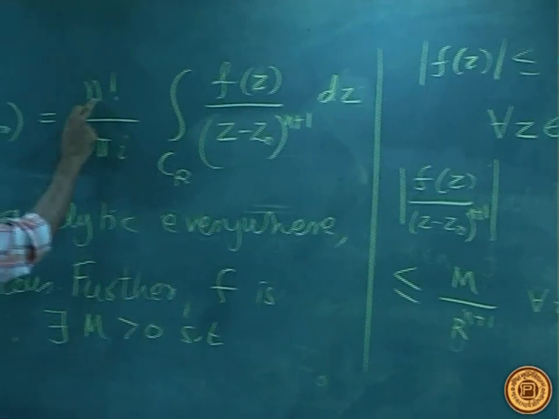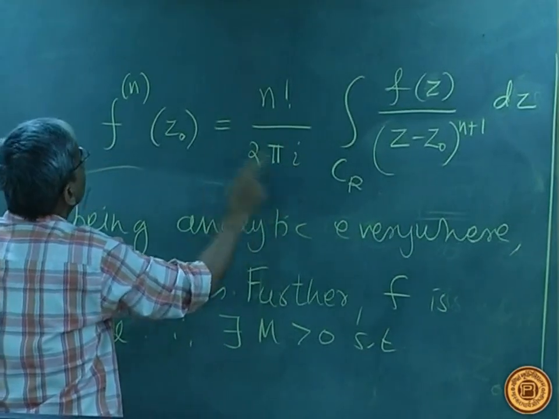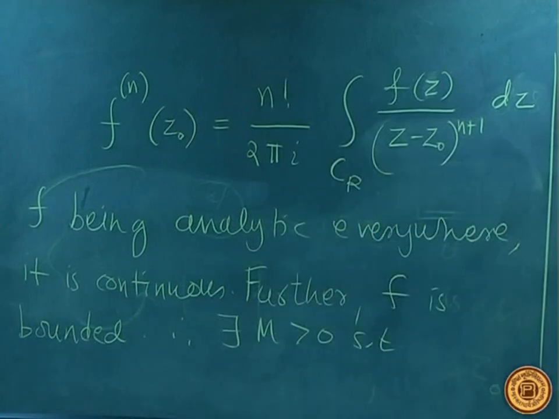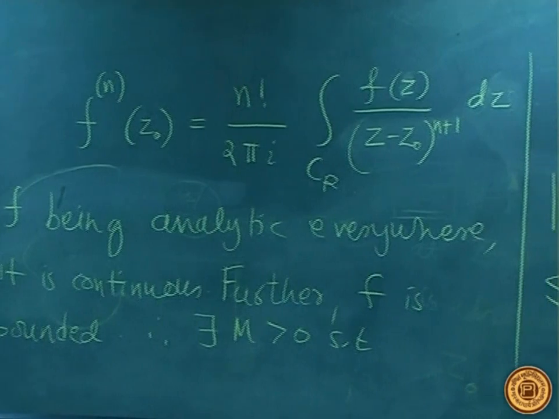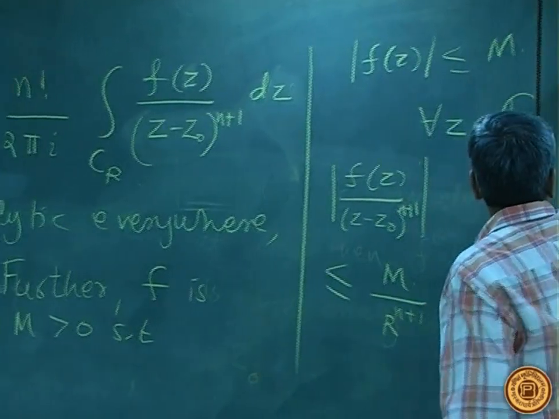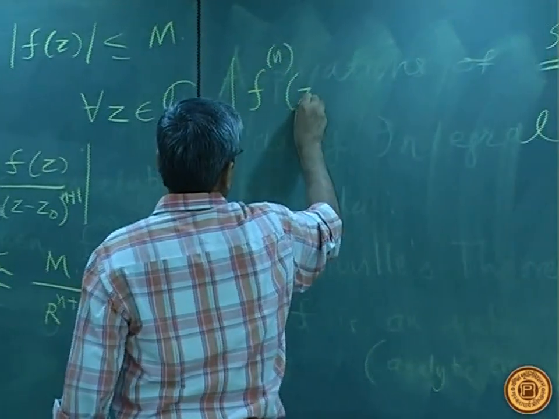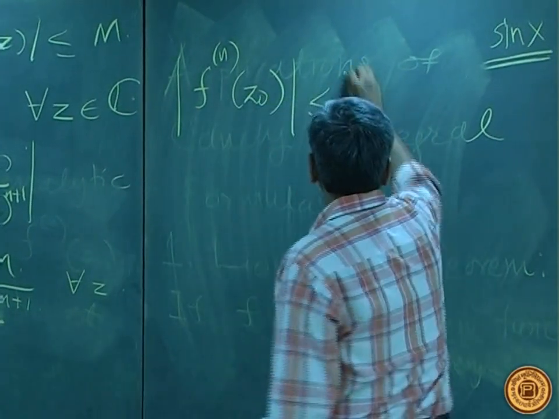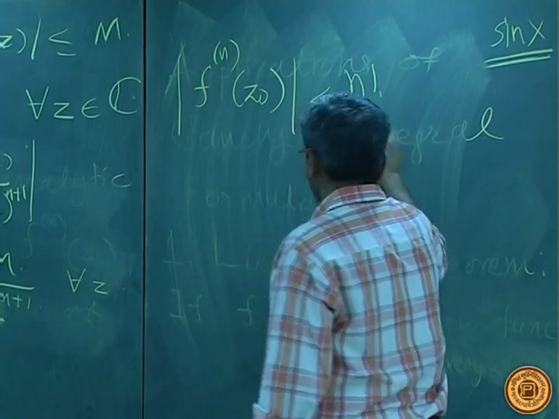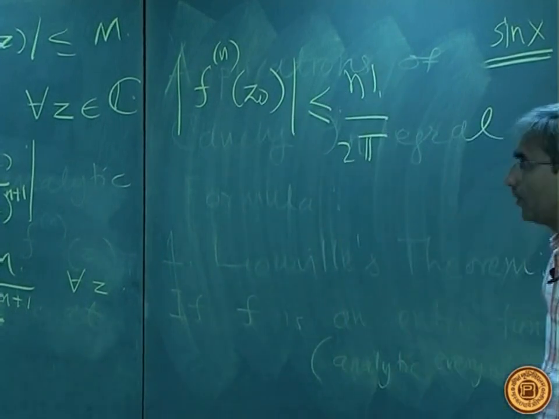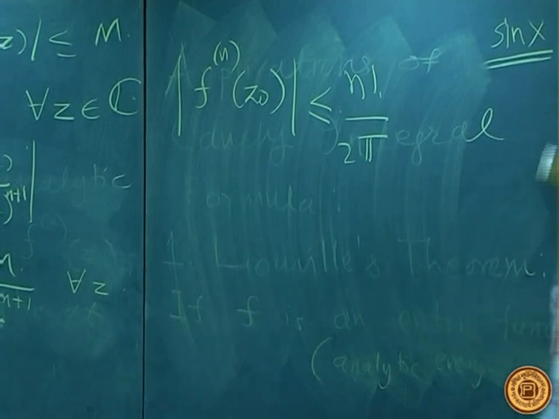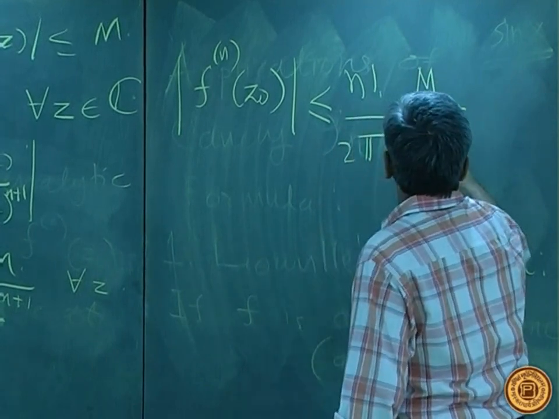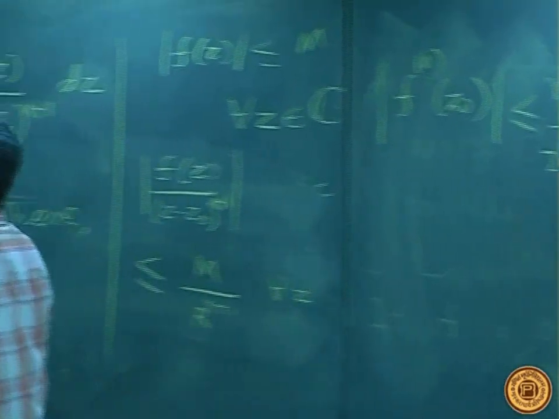And then this mod is n factorial upon modulus of 2 pi i, which is 2 pi. So now you get a bound on the nth derivative at z0: mod of the nth derivative at z0 is less than or equal to n factorial upon 2 pi times M upon r raised to n plus 1 into the length of CR.